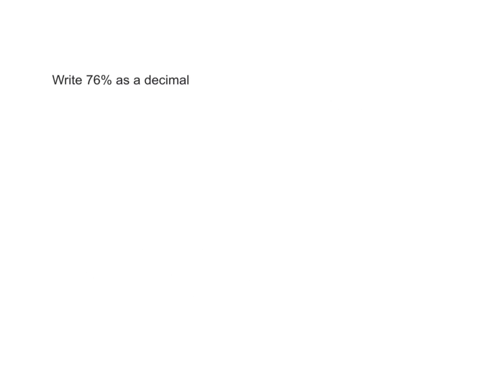Let's do one more. 76% as a decimal. So 76% means 76 out of 100. Well, just a reminder, here is our tenths, here is our hundredths. So this is the same as 76 hundredths.